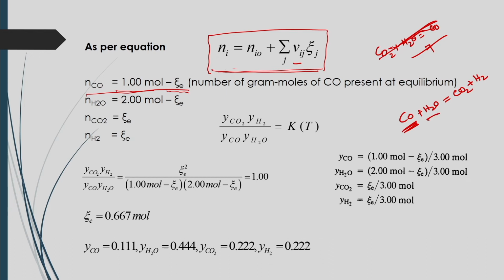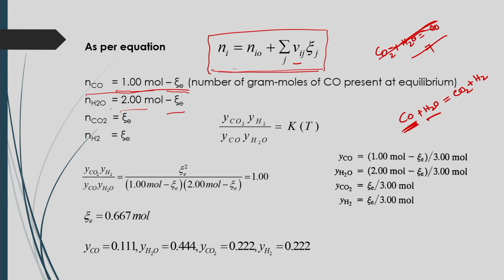Similarly, for water, 2 moles are supplied in the feed, then N H2O will be equal to 2 minus xi. Again, this coefficient is 1, so it will be negative, minus 1 xi.